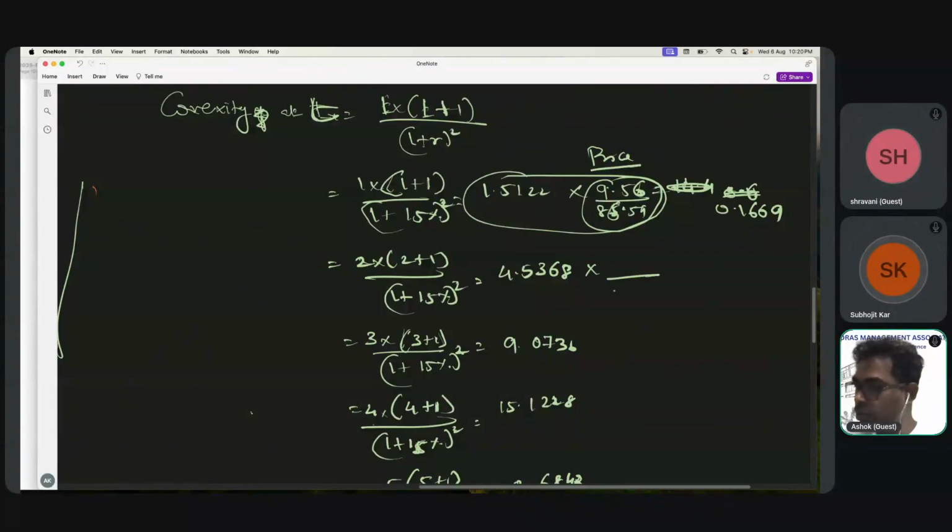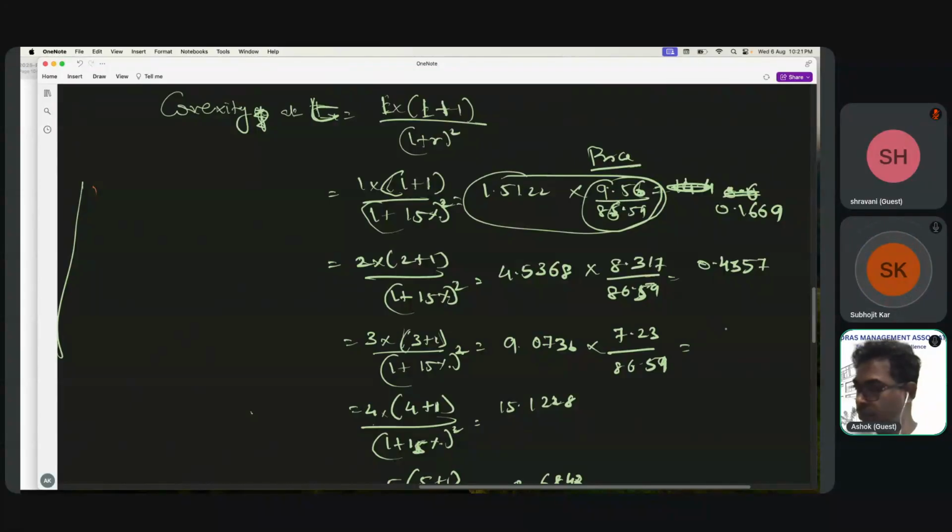Second one, what was the value? 8.317. Now calculate this, keep it in store. This is 0.4357. Okay. Third one, what was the value? 7.23, divided by 86.59.